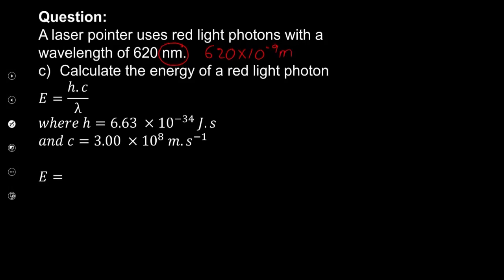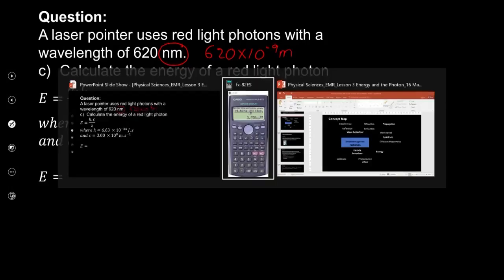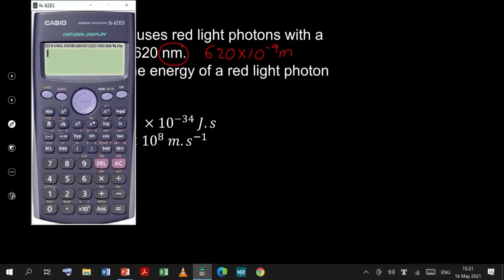So to do our calculation, we're going to need our calculator. Quickly clear it. Our formula is still the same. We have in brackets 6.63 times 10 to the minus 34 for Planck's constant, multiplied by the speed of light, 3 times 10 to the power of 8, all divided by our new wavelength for red photons, 620 times 10 to the minus 9 meters.